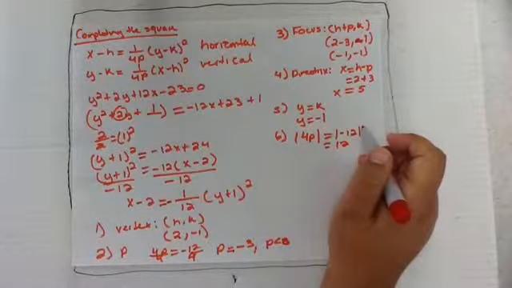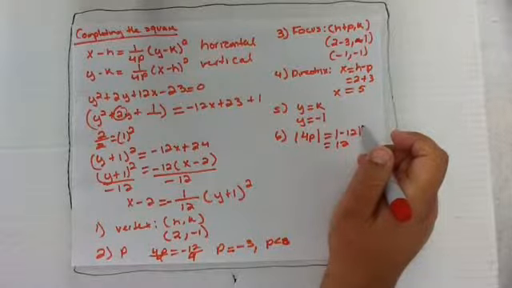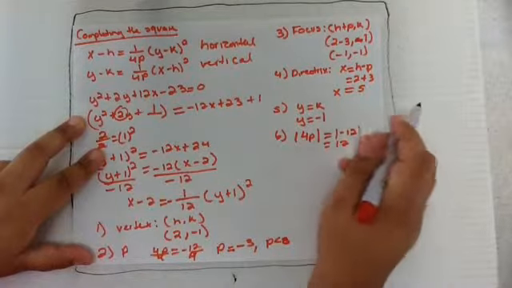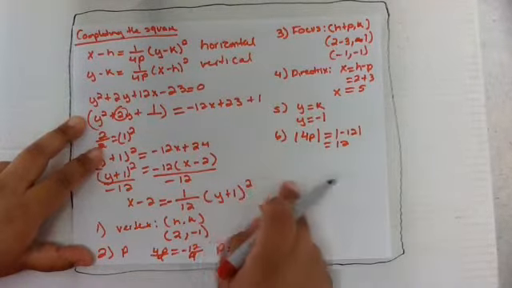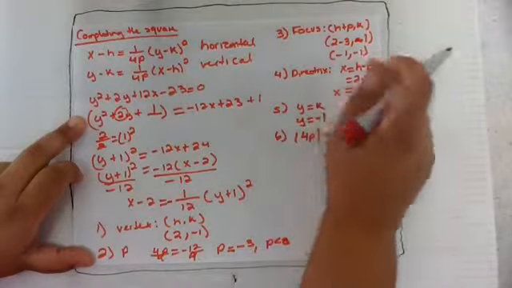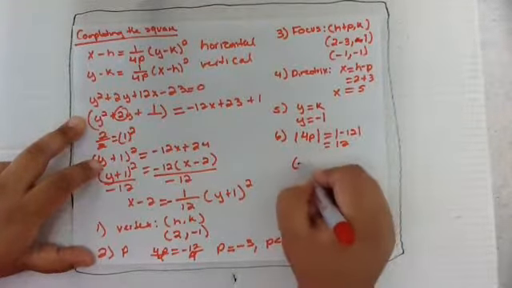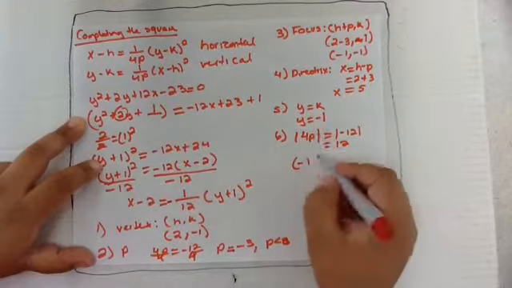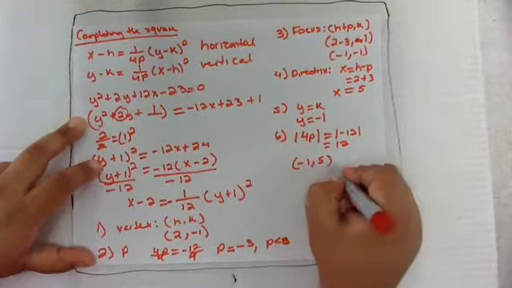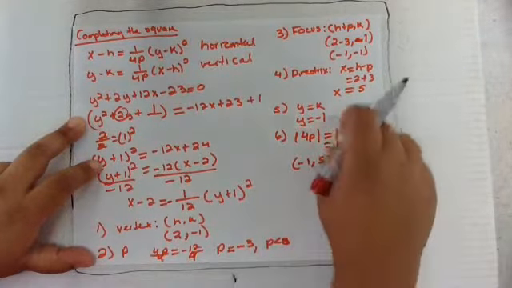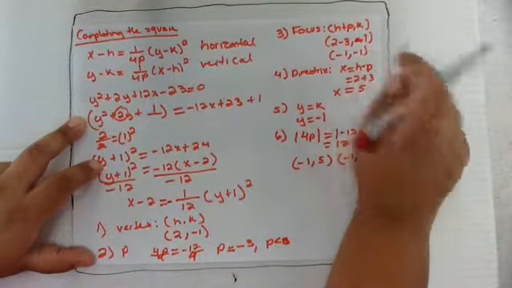Which means that we're moving 6 units up and 6 units down from the focus. So our change is happening on the y's. From the focus, which was at negative 1 and negative 1, we're going to have points at negative 1 and 5 and negative 1 and negative 7. We're adding and subtracting 6 from negative 1.